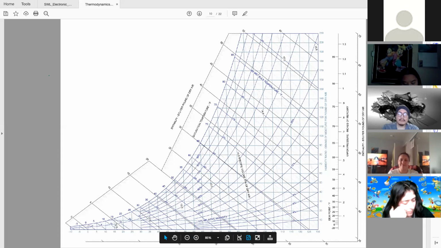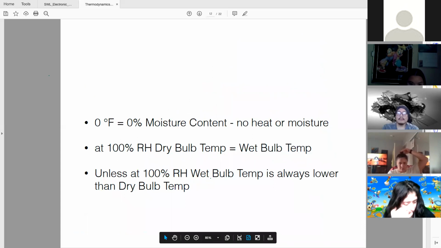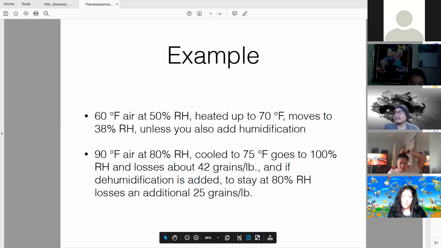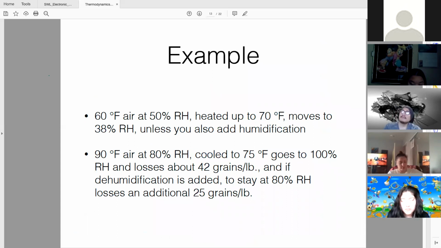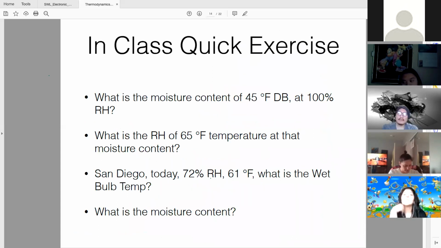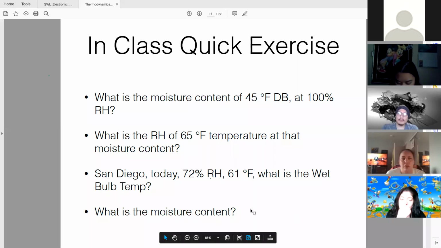Let's see, I gotta go back to the mouse. I think that was all of the in-class exercises. There are going to be a few of these on next week's assignment. That's why we're practicing now.